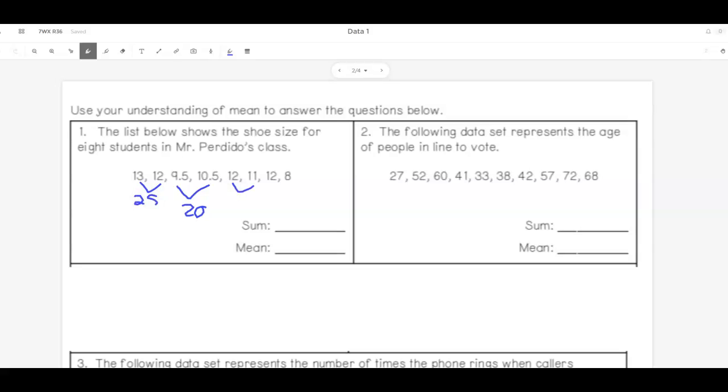These two make 23. And these two make 20. Now I'm going to put my 20s together. That gives me 40 plus 25 plus 23. There's no right way to do this as long as you get the right answer. You can go in any order. So when you added them up, you should get 88.